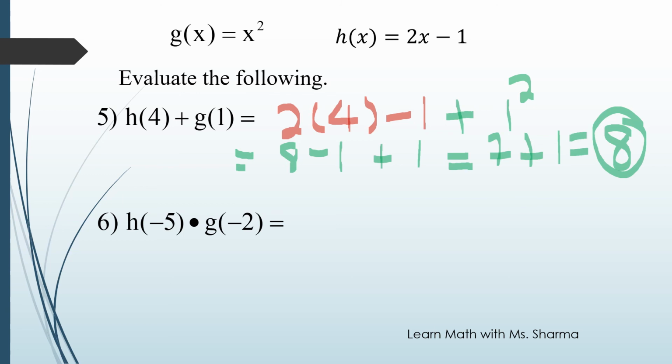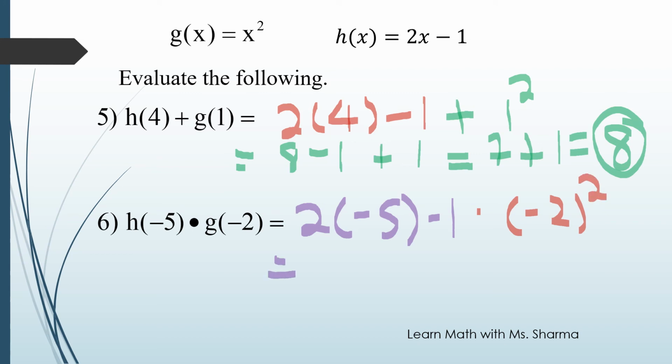Now question 6, we want to find h of negative 5 times g of negative 2. So first we find h of negative 5. Then we find g of negative 2 and multiply them together. H of negative 5, we have 2 times negative 5 minus 1, times g of negative 2, which is negative 2 squared.